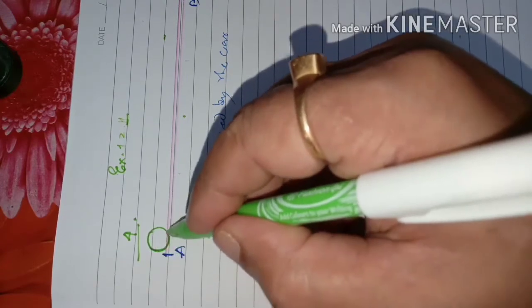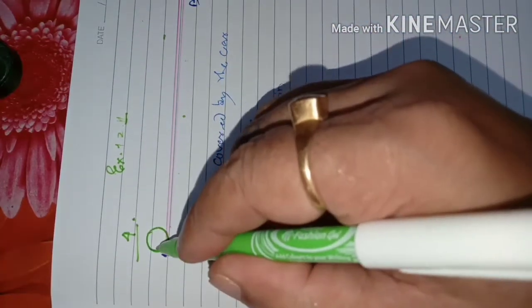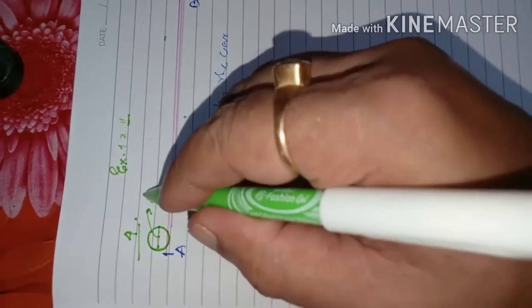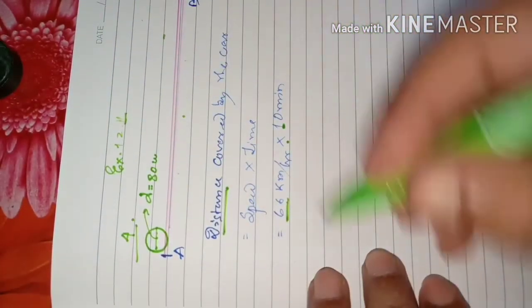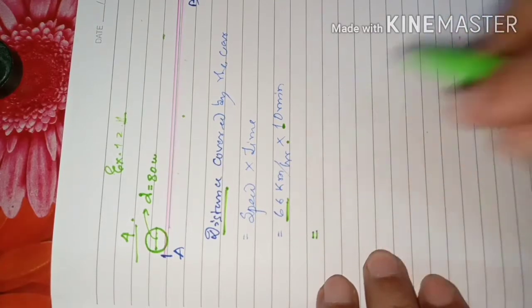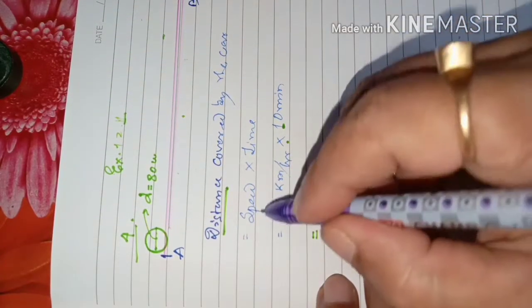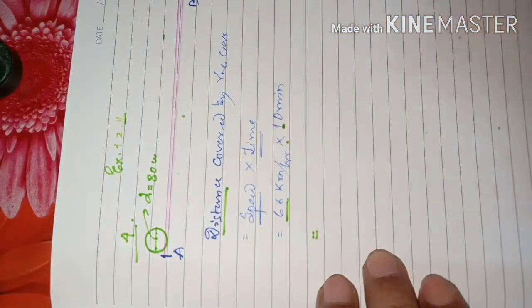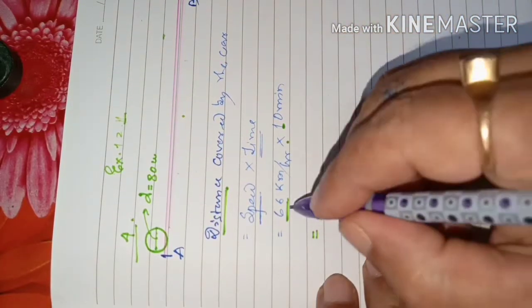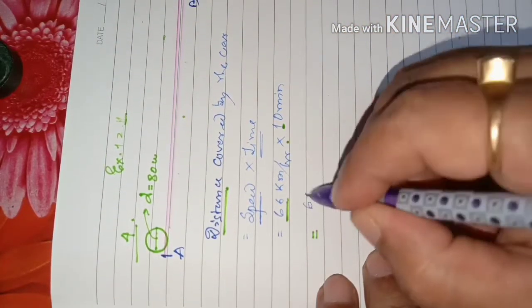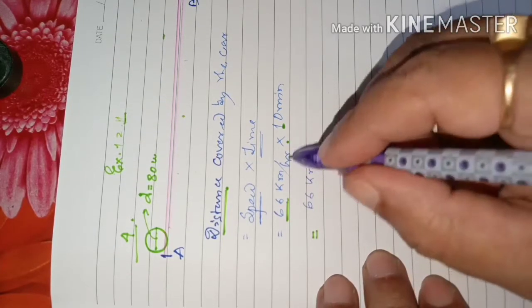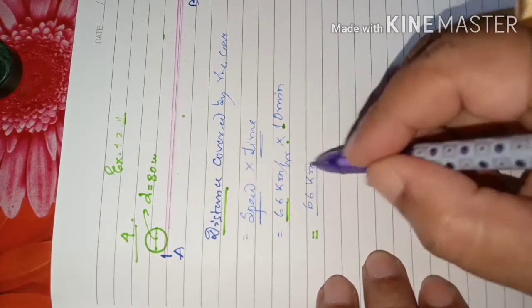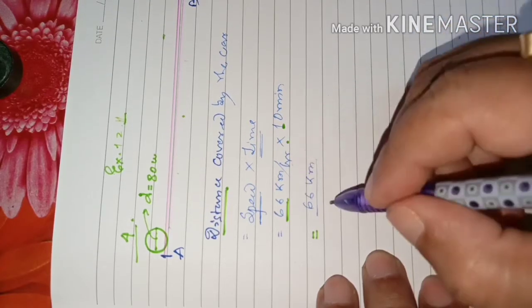So the wheel is on the road. Its diameter is given, that we will see later on. Diameter is 80 centimeter. Now distance covered by the car is speed multiplied by time. Speed is 66 km per hour, so 66 km into time, 10 minutes, because 1 hour is equal to 60 minute.